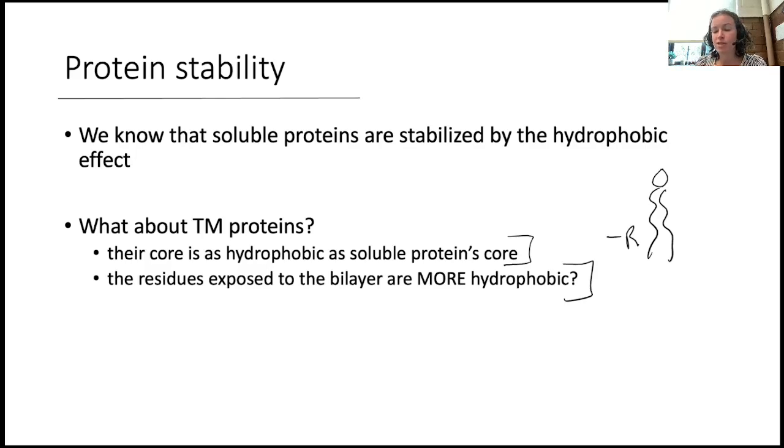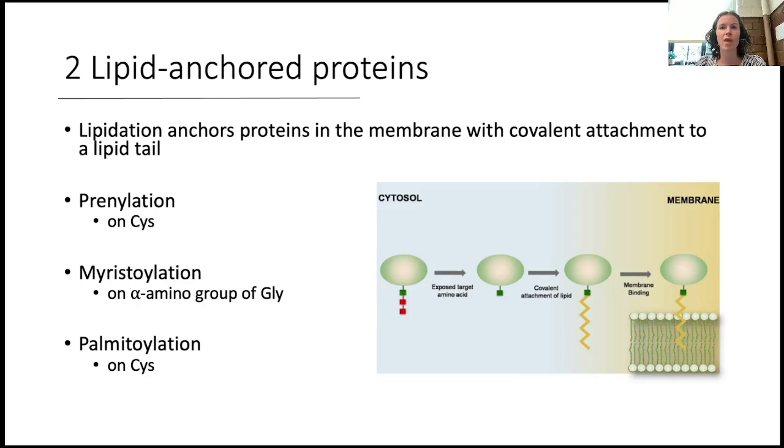And that wraps up the first type of membrane protein. Up next, lipid-anchored proteins. A lipid-anchored protein has a lipid tail covalently attached to it. So you take a lipid and form a covalent bond from it to an amino acid on the protein.